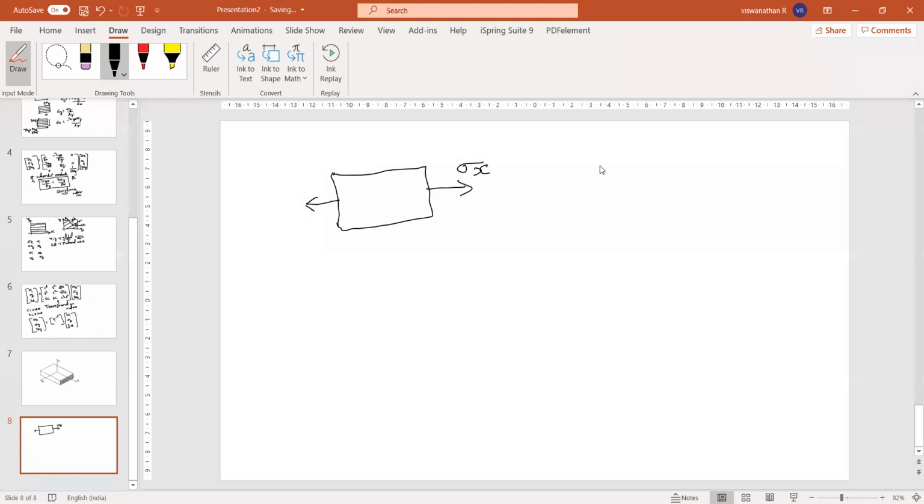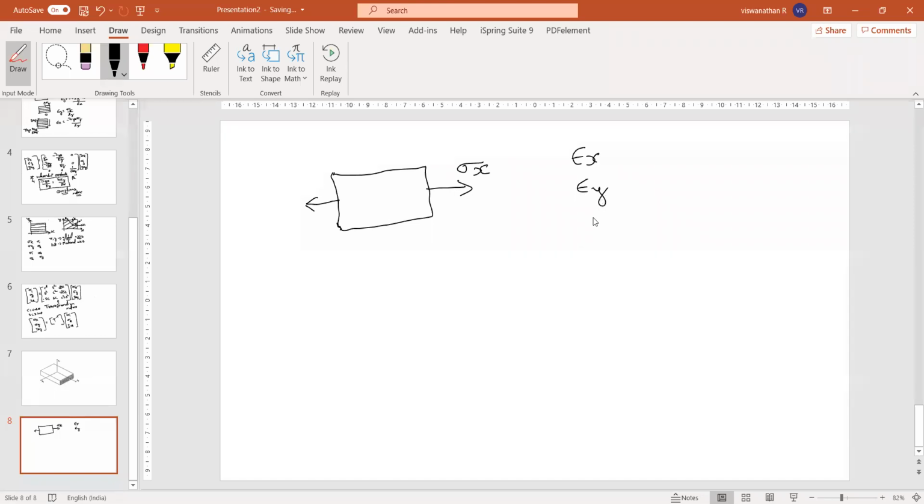What kind of strains do you expect? Suppose this is a thin metal sheet, and you have applied a tensile stress. What kind of strains do you expect in this? Longitudinal strain, epsilon x. Epsilon y also? Yes or no?